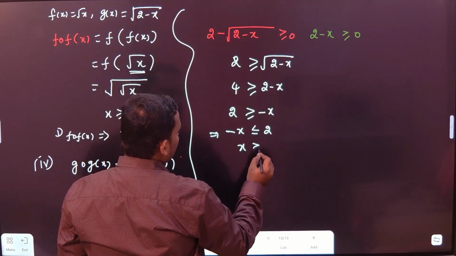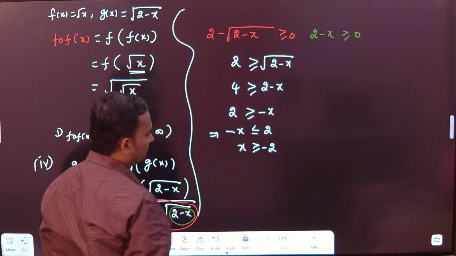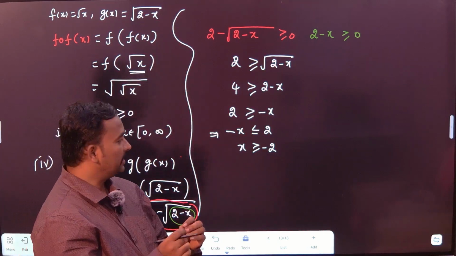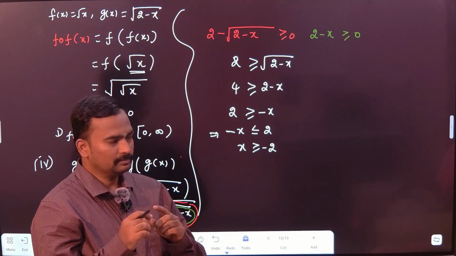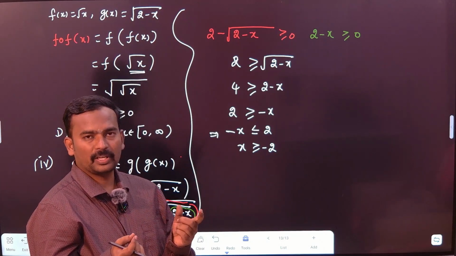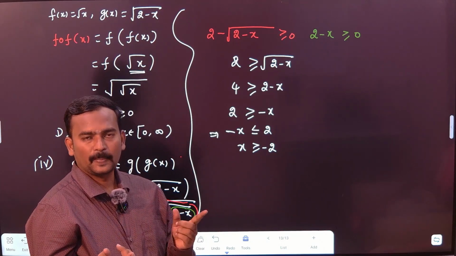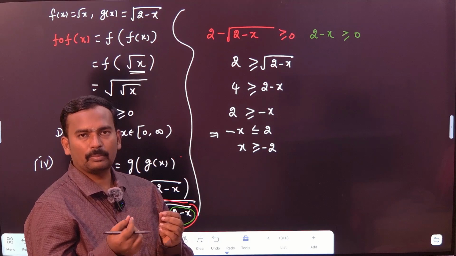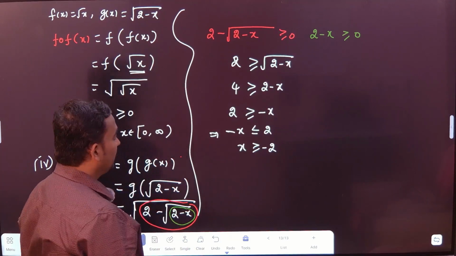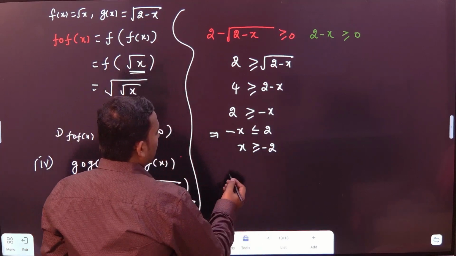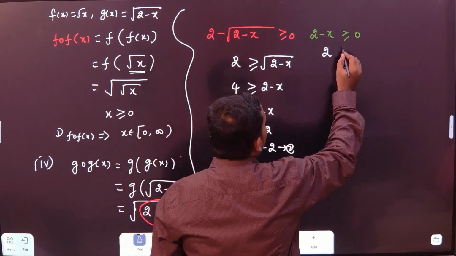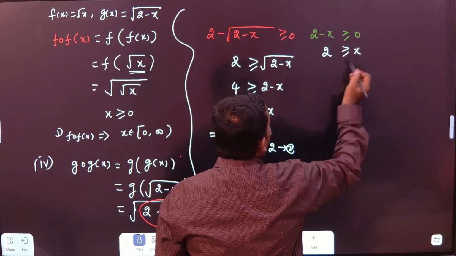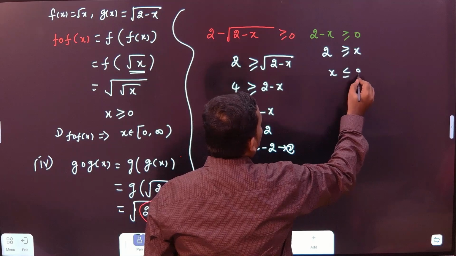What will we get? x is greater than or equal to minus 2. Because when there is an inequality, if you multiply by negative 1, the inequality changes. For example, 2 is greater than 1. If I multiply by minus 1, minus 2 is less than minus 1, right? Okay, so this is the second one. The first one, you can see 2 is greater than or equal to x. That means x should be less than or equal to 2.